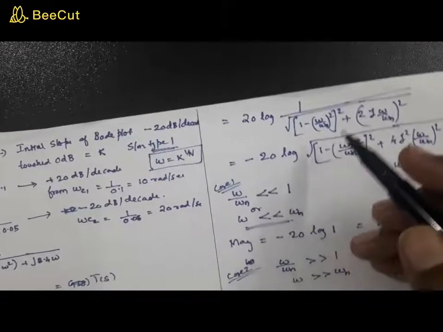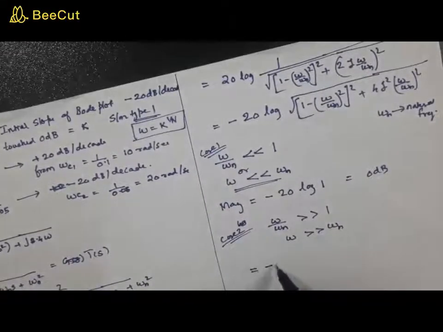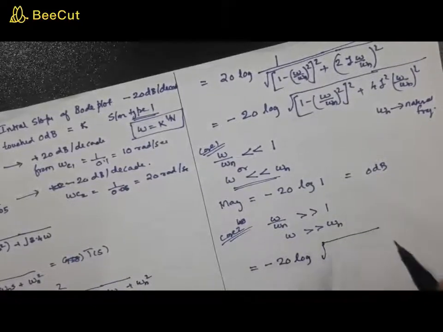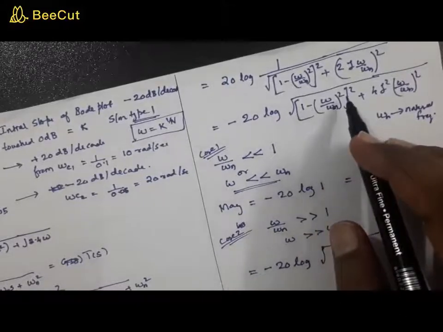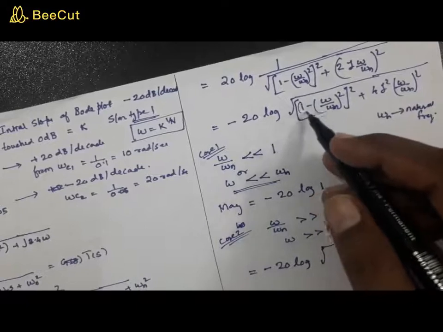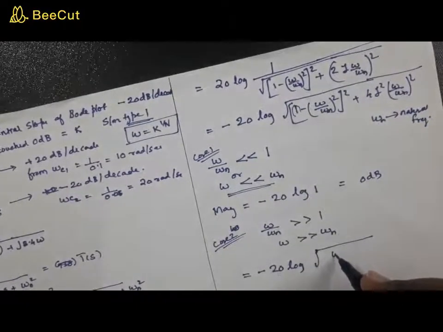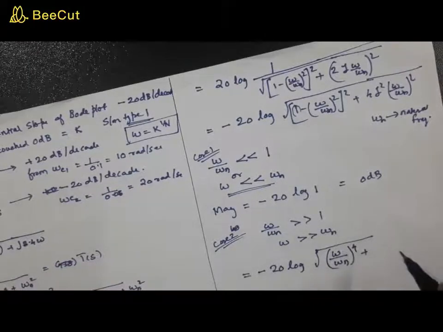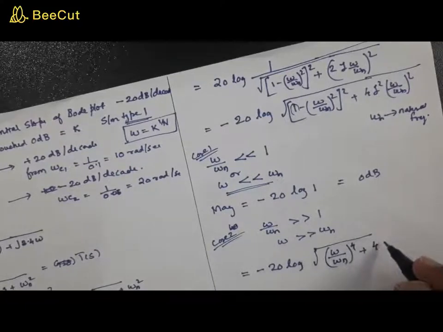So this becomes minus 20 log of the root of, minus omega by omega n the whole square, this 1 you can neglect, so this becomes omega by omega n the whole raised to 4 plus 4 zeta square omega by omega n the whole square.